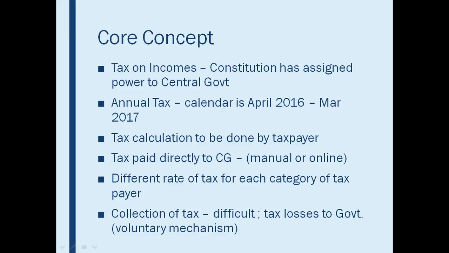Now compare the income tax with some other tax, let's say sales tax. The collection is relatively easy because for anybody who purchases any product, the sales tax is a part of the price itself.